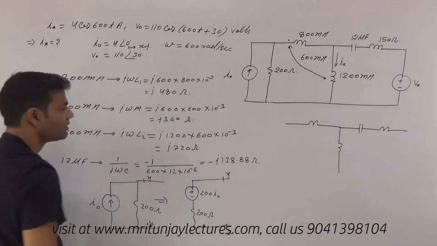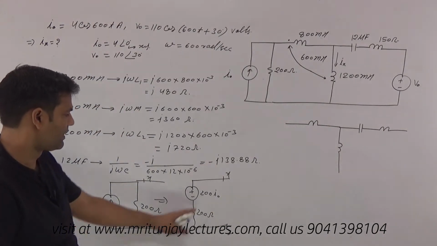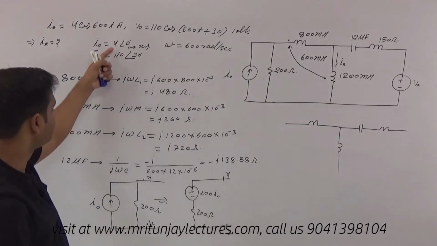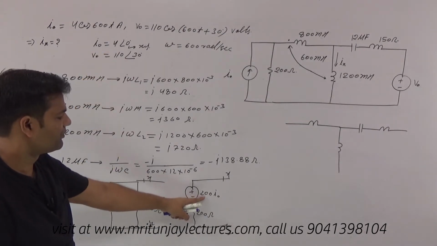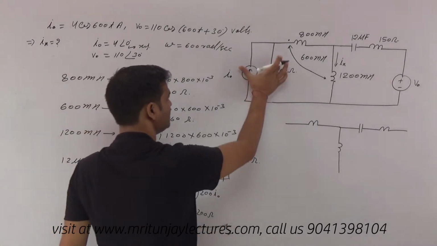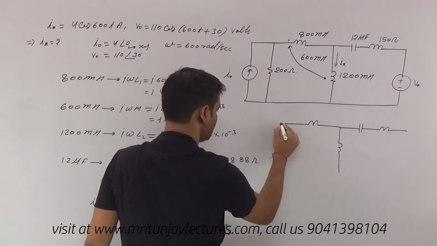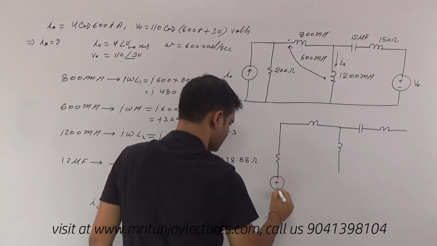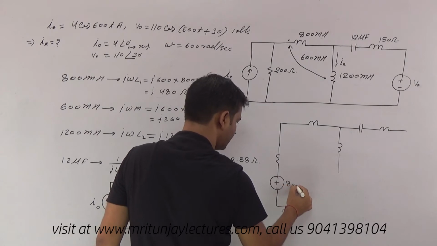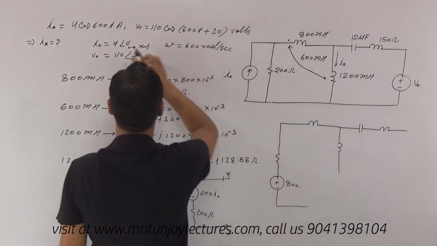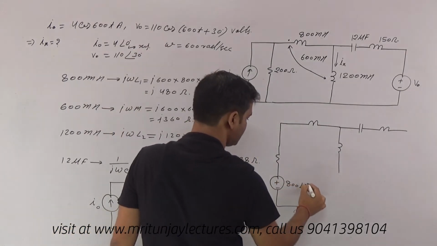Clear? So 200 into I0, and what about I0? That is 4, so 200 into 4 is 800. This is converted into a voltage source of 800 volt, 800 at the angle 0 volt.